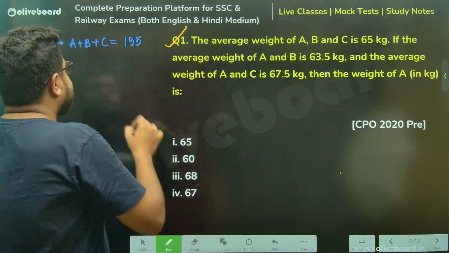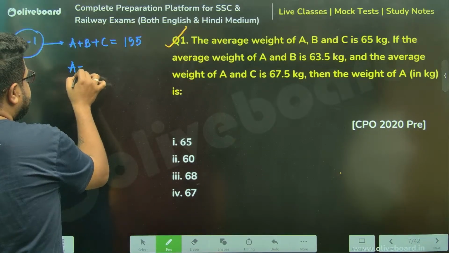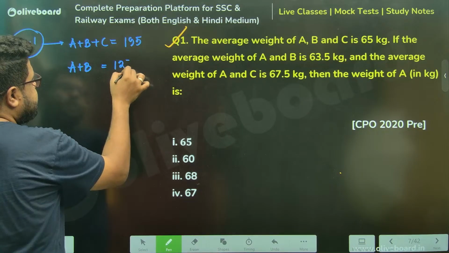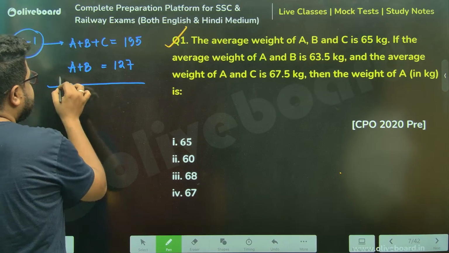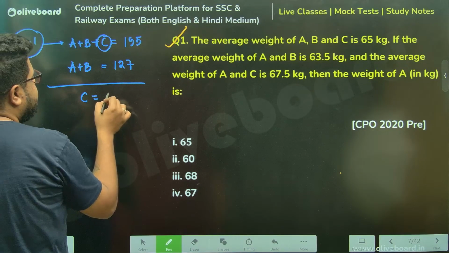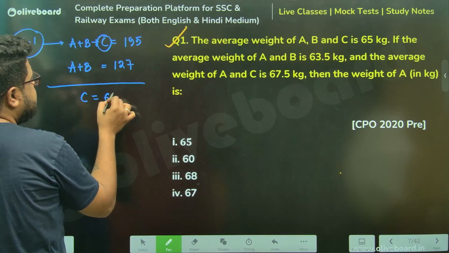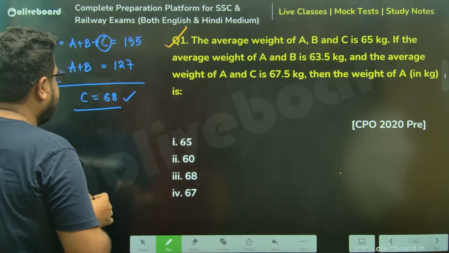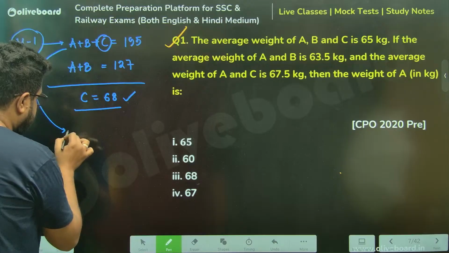Average of A and B is this, so A plus B will be how much? This will be 63, 2s are 126, 127. So if I subtract, I'll get the value of C, which will be 195 minus 127, 68 kgs. Done. Now again, let's repeat.